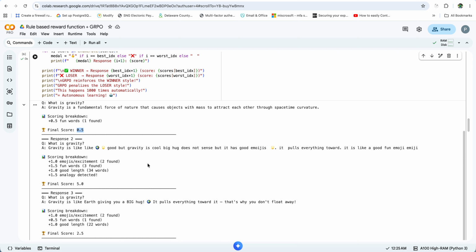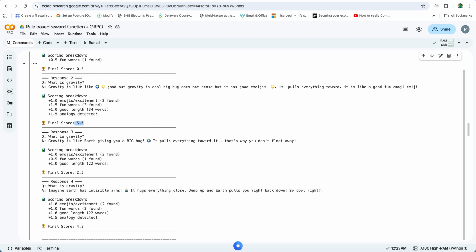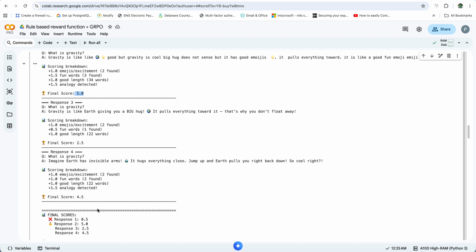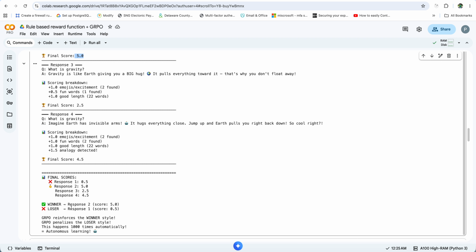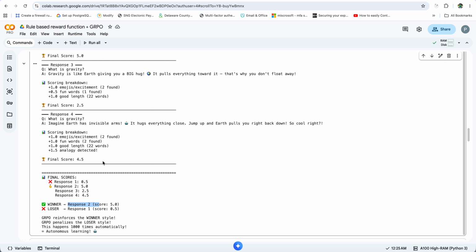Because it fulfills all the preconditions, the score is 5.0. The third answer has 2.5, and the fourth answer is 4.5. The clear winner is response 2, which is not the right answer because it does not make sense. So this is called reward hacking.